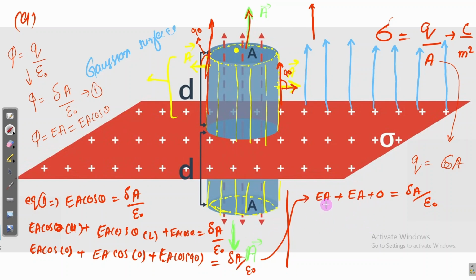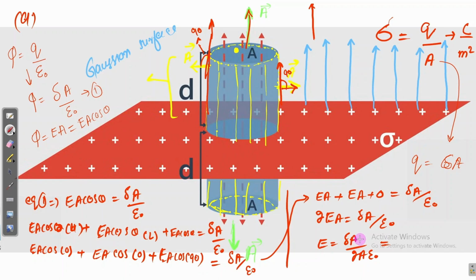So this is one EA, and this is the other EA, and the addition of these two becomes 2EA, which is equal to sigma A divided by the permittivity of free space. So from this equation, the electric field intensity becomes sigma A divided by 2A epsilon naught.